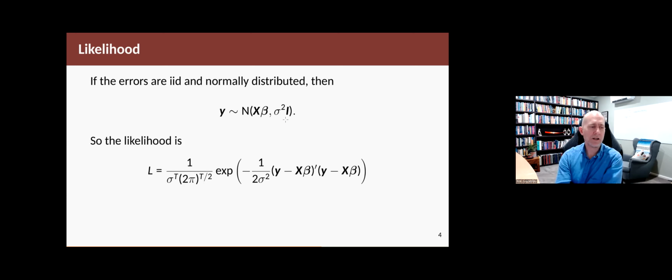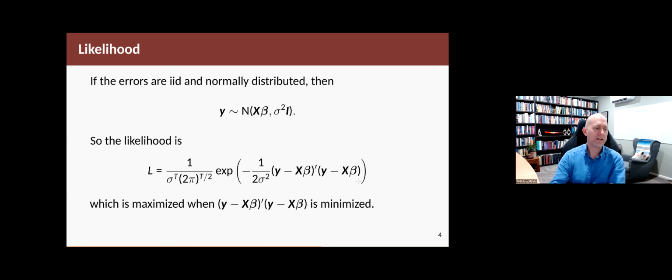And then you can write down the likelihood just using the expression for the multivariate normal distribution, and we get an expression like this. Then you maximize the likelihood by minimizing the stuff that's over here, and that demonstrates that maximum likelihood estimation is exactly the same as ordinary least squares in the context of regression with normal errors.